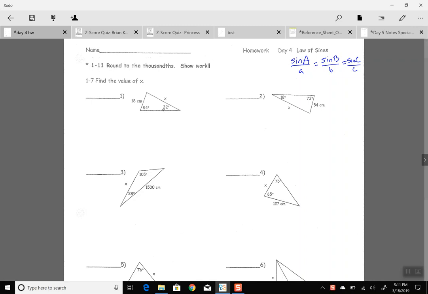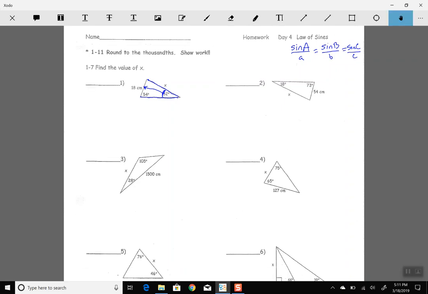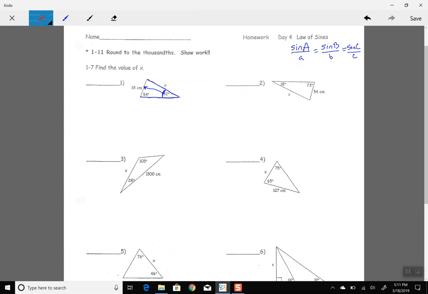When I think about, say, number one, this 32-degree angle right here opens up to this side. So this 32-degree opening basically made that side. So the 32 degrees goes with that side.